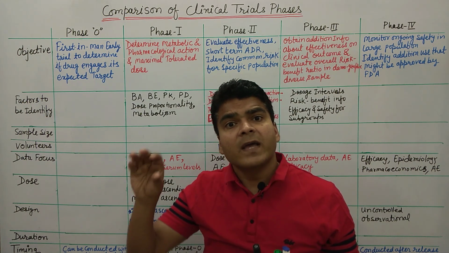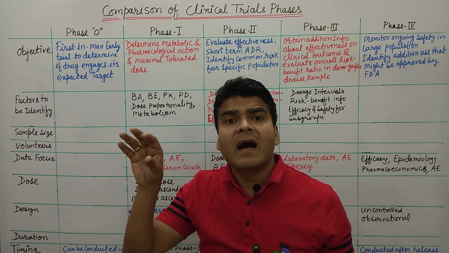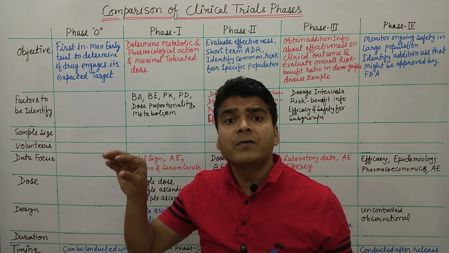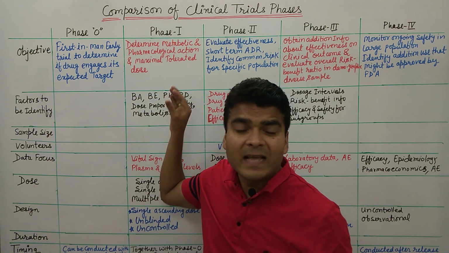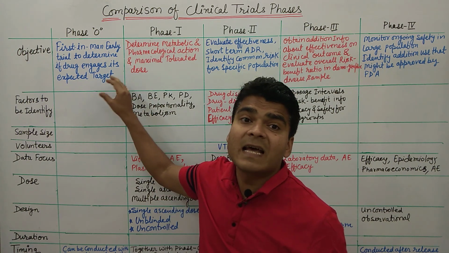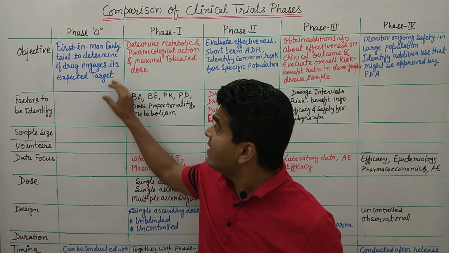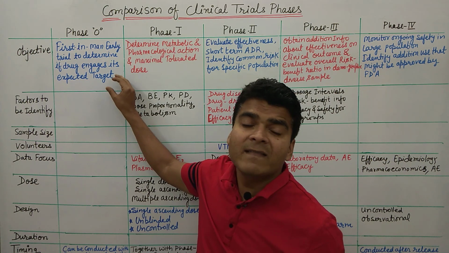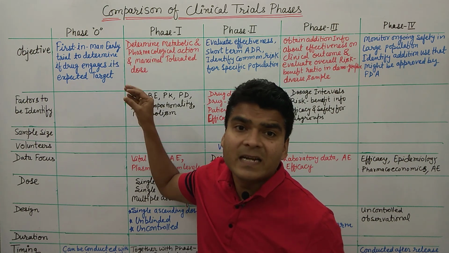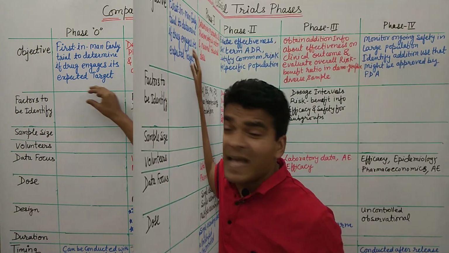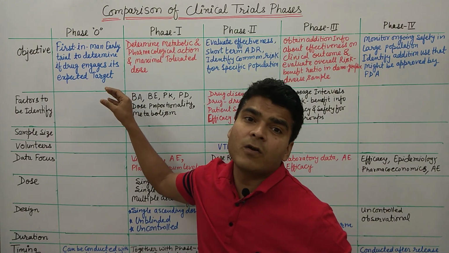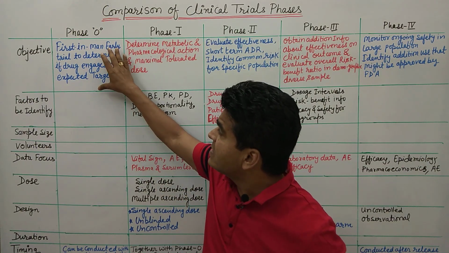If the preclinical data are good enough to take it into humans, for that purpose these trials are designed, so that we are able to identify whether our lead compound is engaging its expected target or not. Clear everyone? So this is our objective.